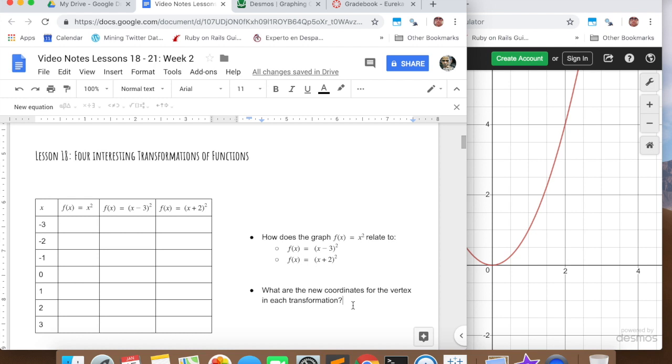We're going to use a quadratic, that parabola graph that looks like a U. So our parent function is going to be x squared, because sometimes it's a lot easier to see these transformations with that type of graph. But these types of transformations occur for all graphs, not just parabolas.